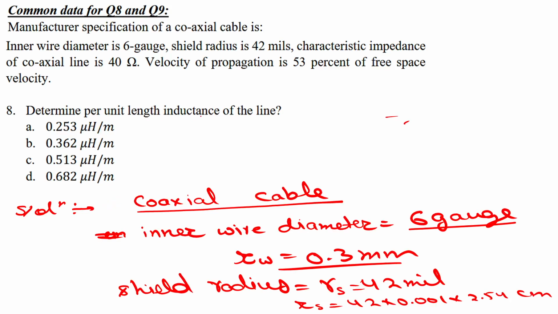Now we have to find the per unit length inductance for this line, meaning L, which is given by mu by 2 pi ln of RS by RW.